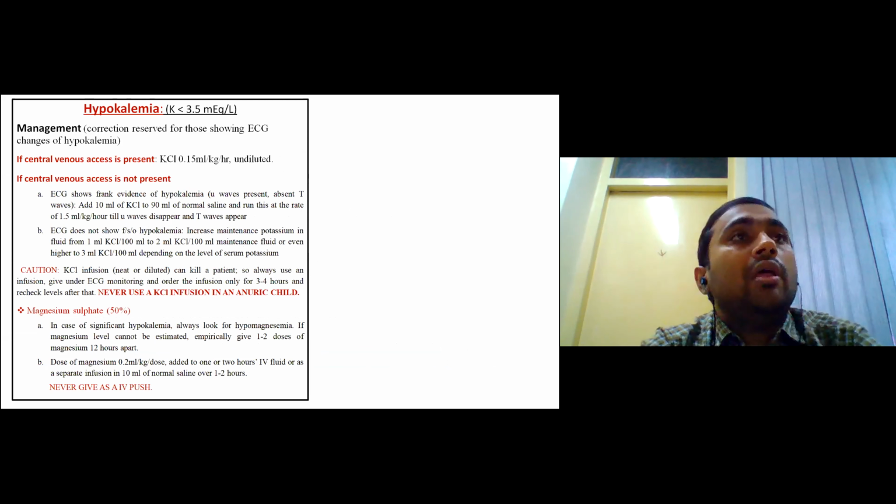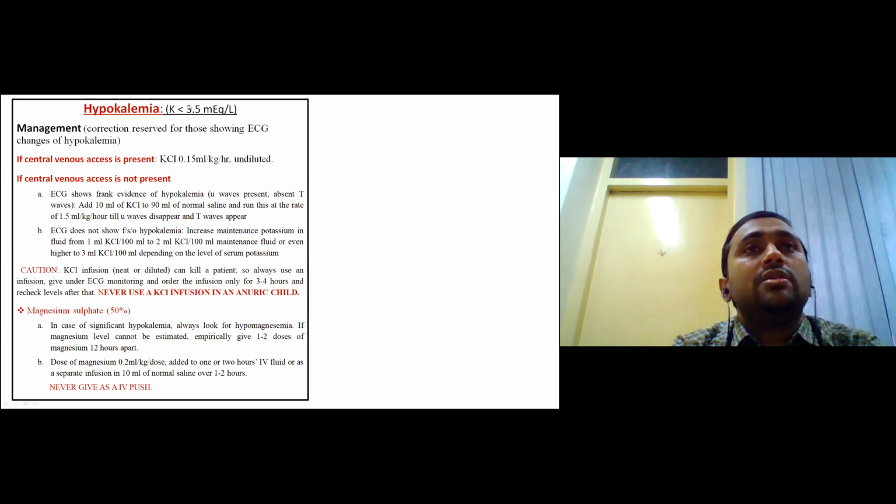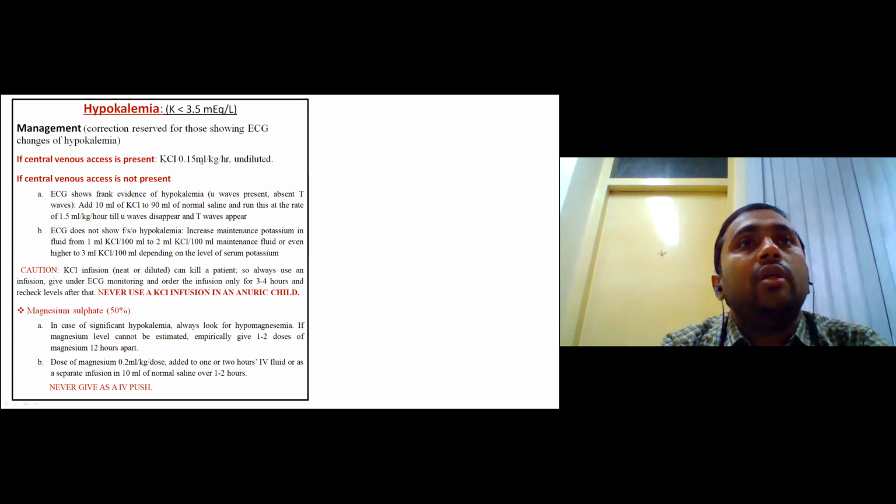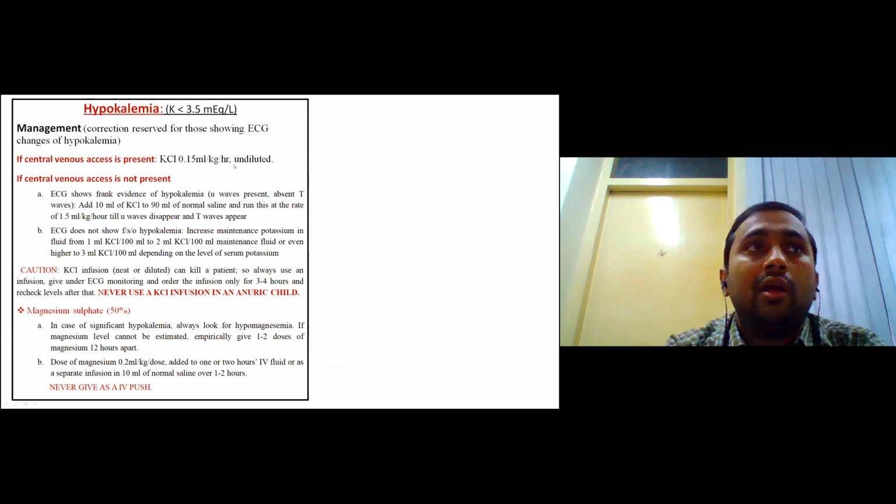Now coming to hypokalemia, less than 3.5 milliequivalent per liter is hypokalemia. We correct when there are ECG changes. If there is central venous access, we give neat potassium chloride 0.15 ml per kg per hour undiluted. That's neat. And if central venous access is not there, then we look at the ECG.